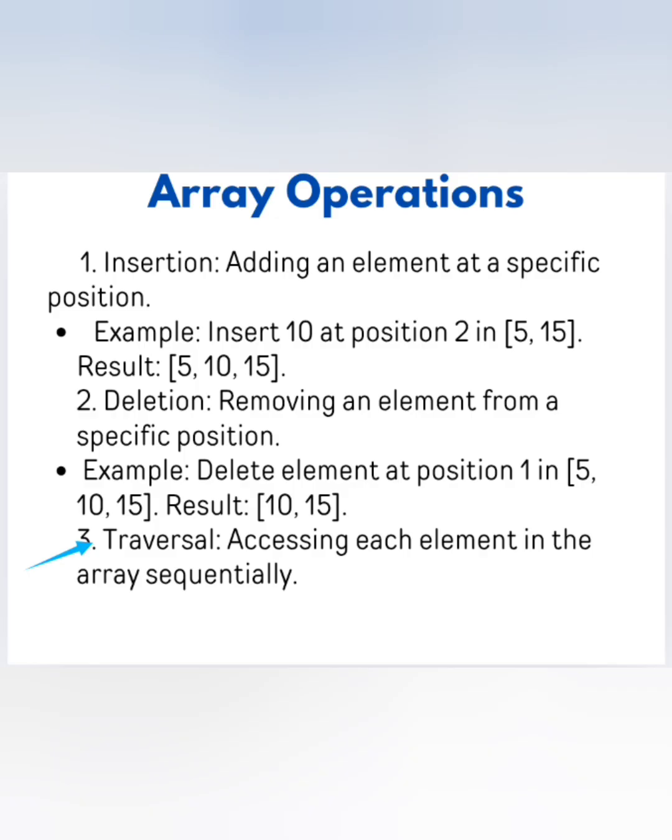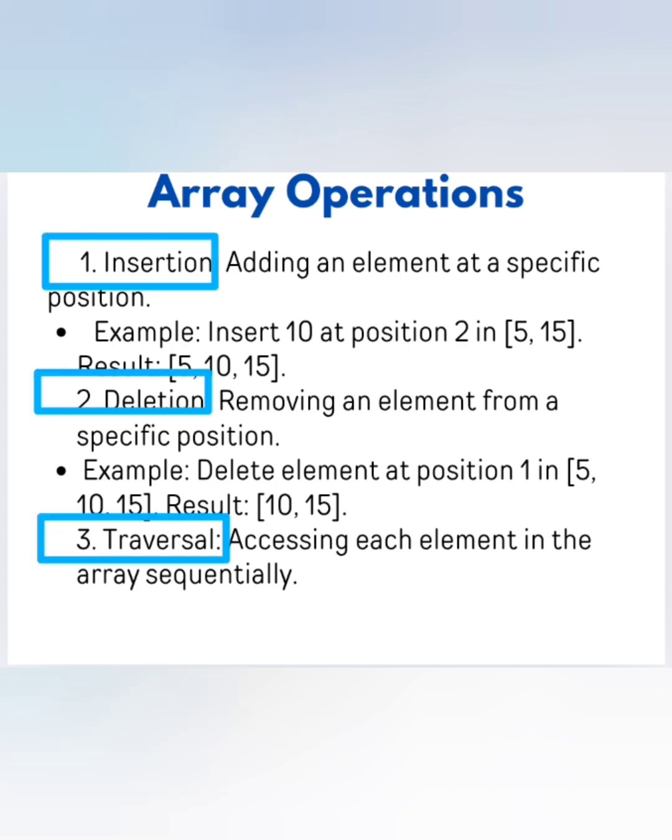Traversing means visiting or accessing each element in the array sequentially. So these three operations we perform on an array: insertion, deletion, and traversal. These three are basically used for the array data structure.